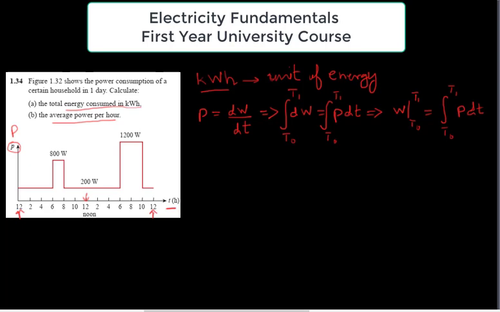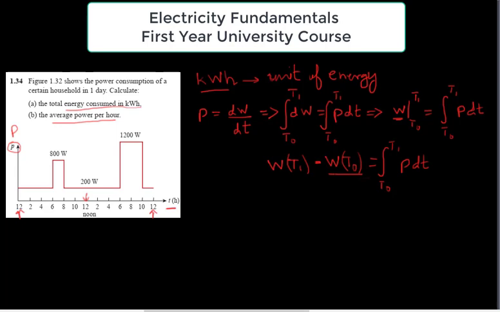And if we apply these limits to the energy, we are going to get energy at time t1 minus energy at time t naught is equal to the integral from t naught to t1 of P dt. Now this is how we can solve, and I must tell you that this energy at time t naught is considered to be the energy when you started measuring the energy.